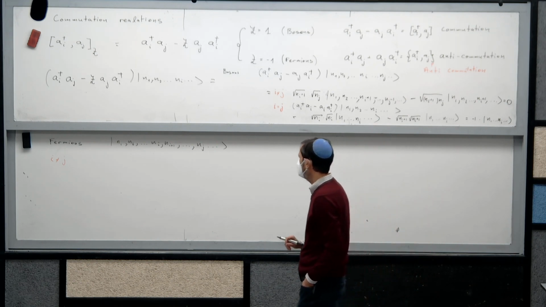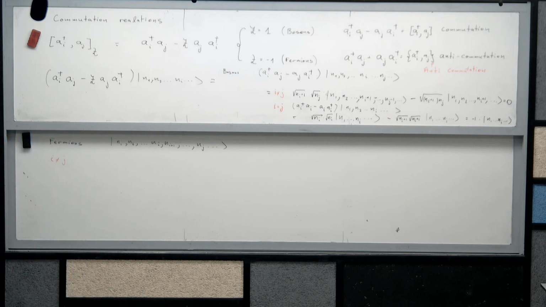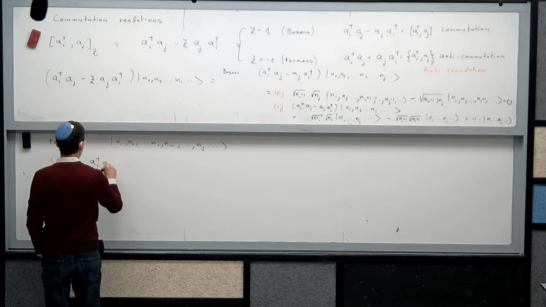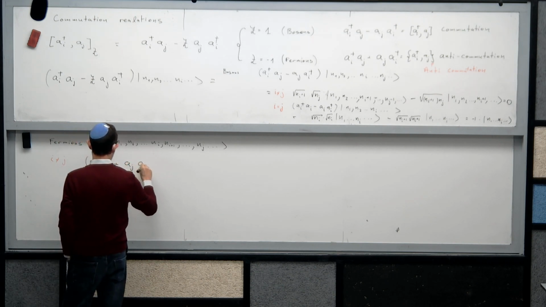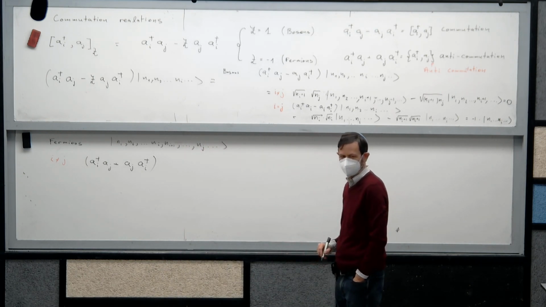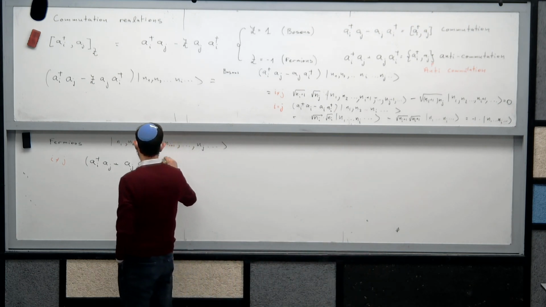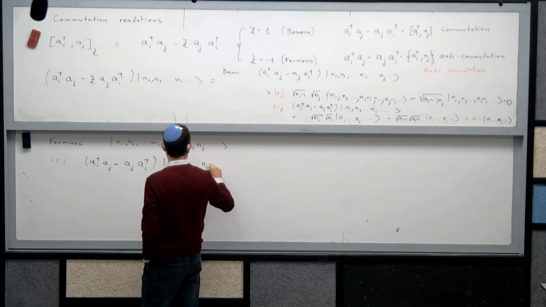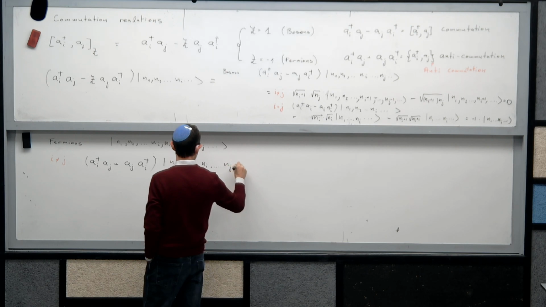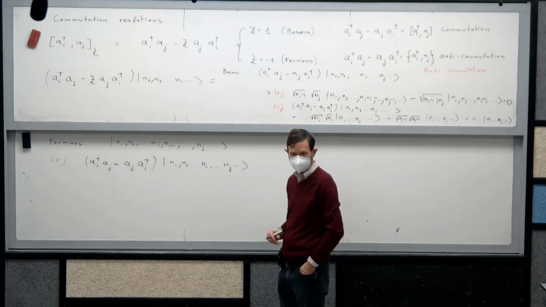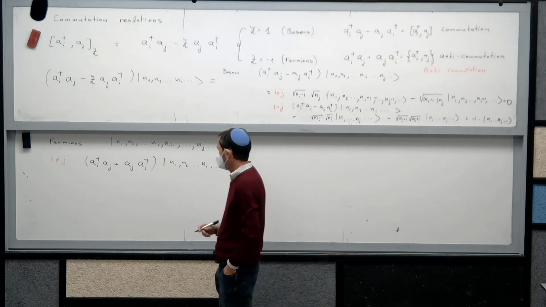Okay, I just wrote down the state. So for the first term, I'm annihilating something at n_j.